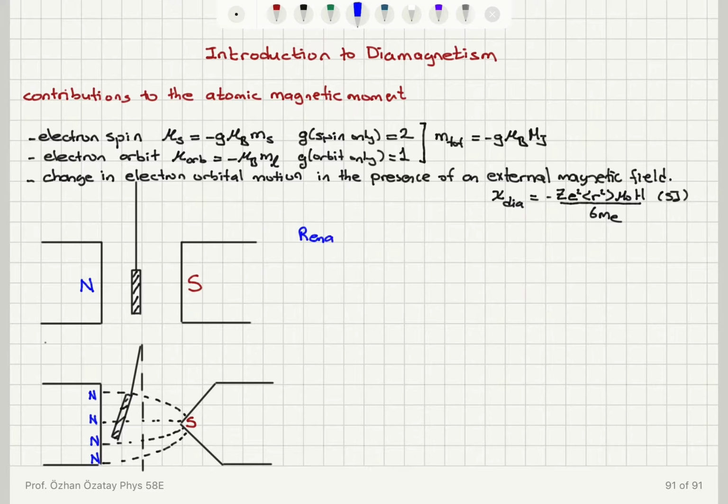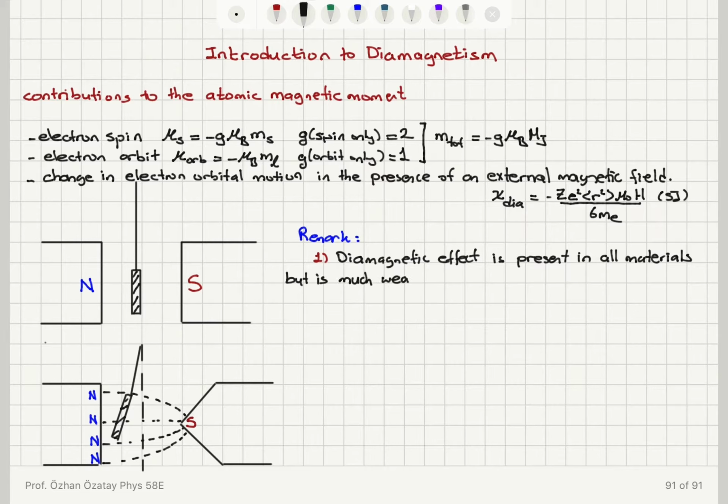So the first one is the diamagnetic effect, first of all, is present in all materials, but is much weaker than ferro or paramagnetism.